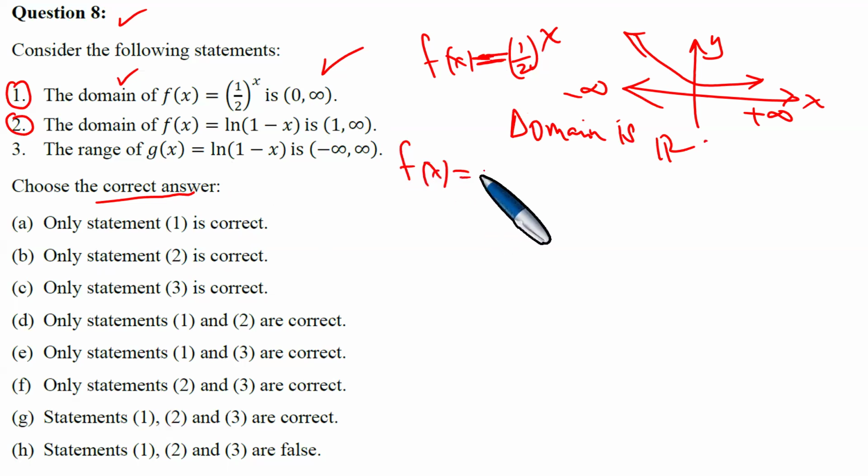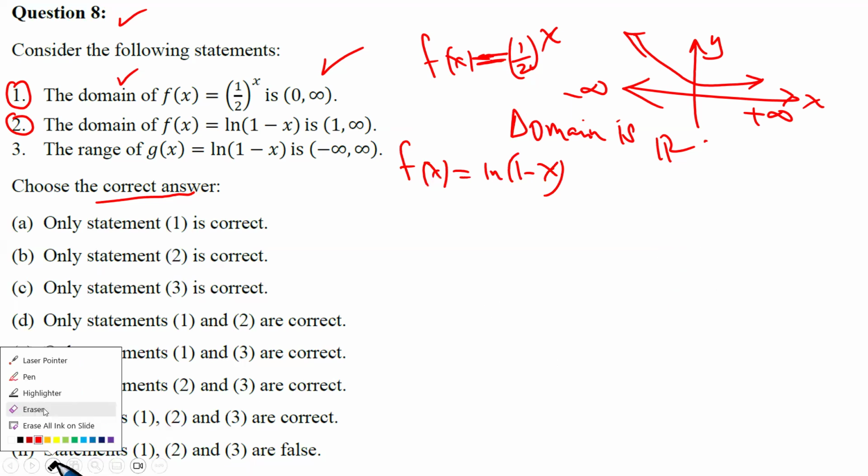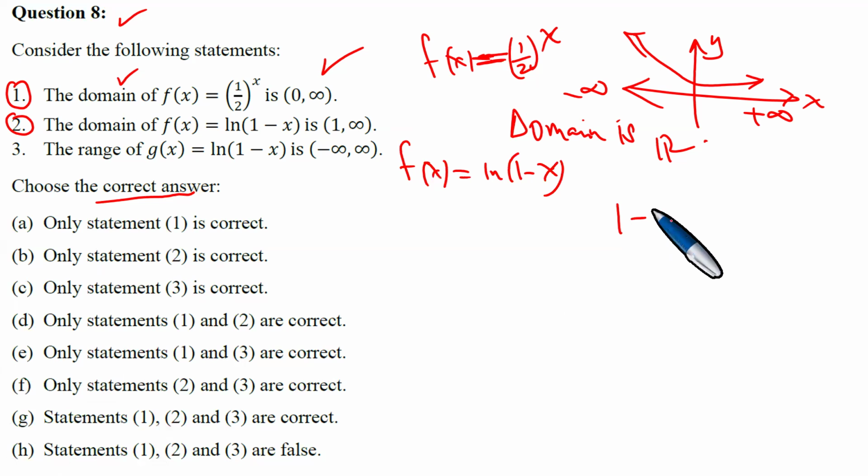So if you have f of x is the ln, natural logarithm, of 1 minus x, what is the domain of this? To see the domain of this is knowing the domain of the log. So the logarithmic function is actually defined whenever 1 minus x is positive, and that means x is less than 1.